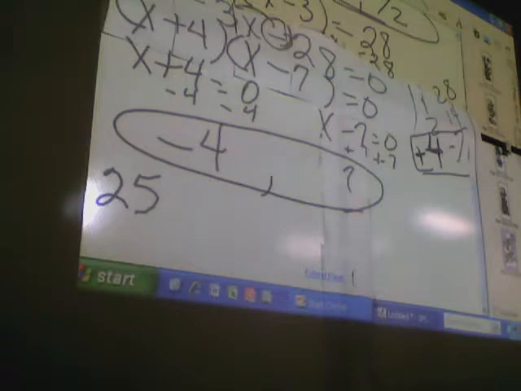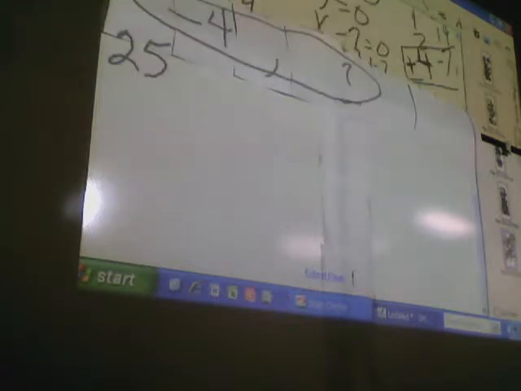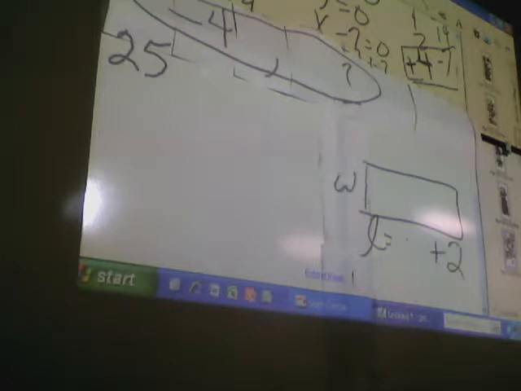The length of a rectangle is 2 meters more. Here's our length. It says it's 2 meters more than the width. Here's our width. The length will be 2 more than the width. The area of the rectangle is 48 square meters. Find the length and the width. How do you find the area of a rectangle?